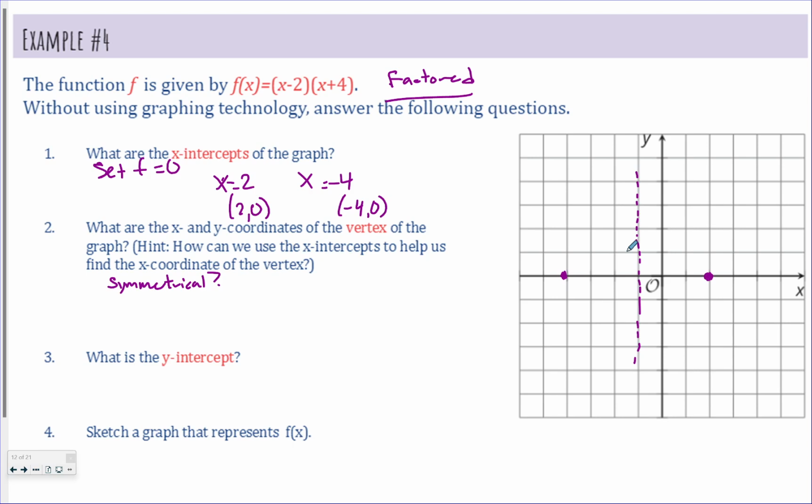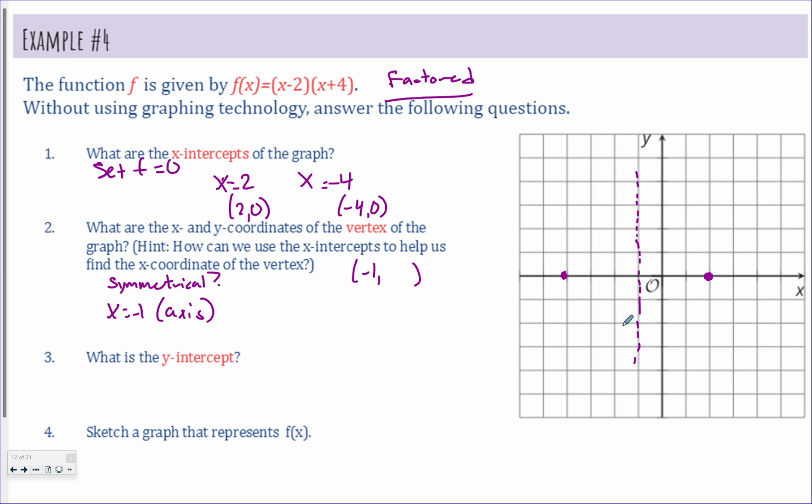The dotted line is located at an x-coordinate of negative 1. That's your axis of symmetry. So the vertex is going to be (-1, something). Okay, so what's that something?